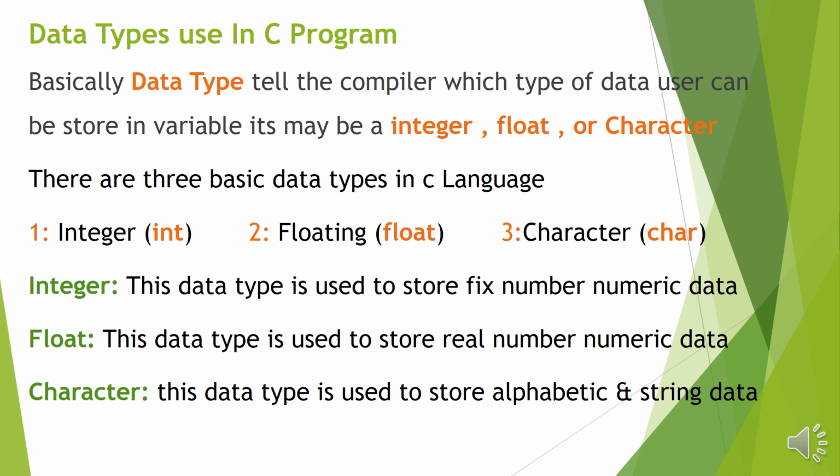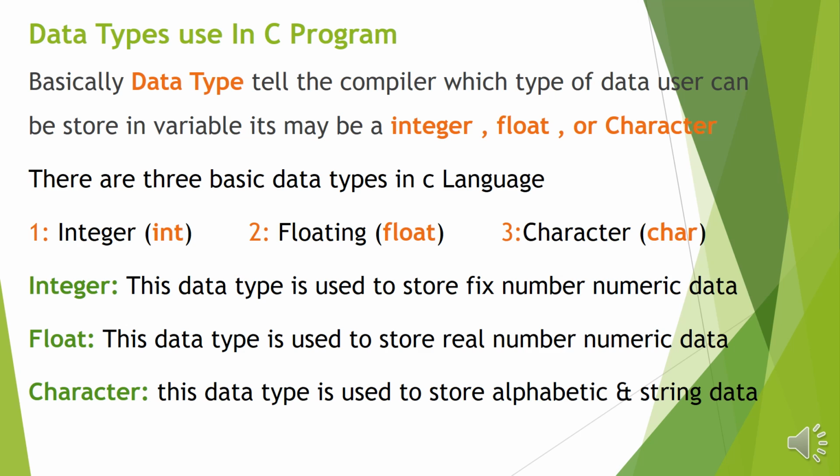Basically, there are three basic data types used in C language. The first one is integer, the second is floating, and the third is character. Integer is denoted by int, floating is denoted by float, and character is denoted by char.